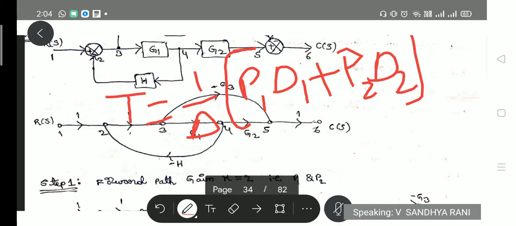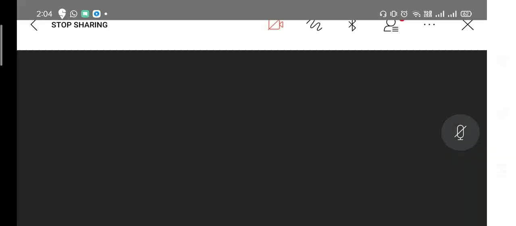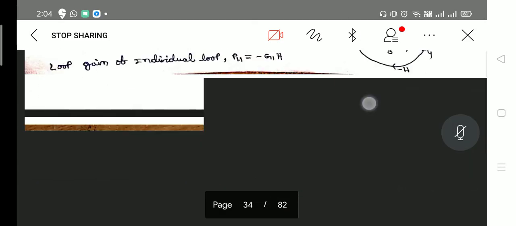Here we found all those values P1, P2, delta 1, delta 2 and delta. So we can substitute all those values in Mason's gain formula, then we can find the transfer function of this system. Okay. So all the values we can substitute here.